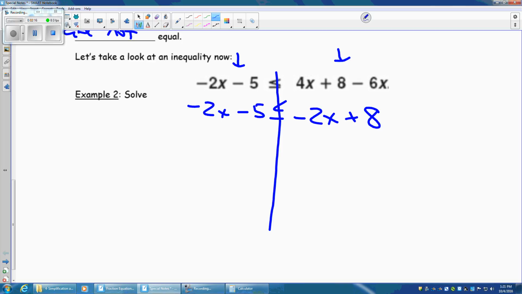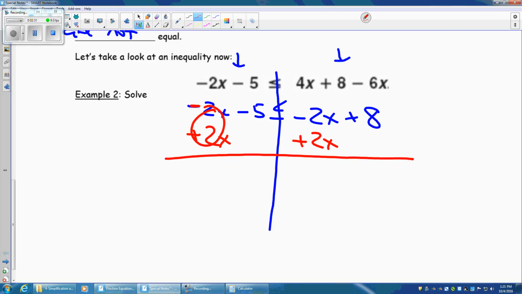Now, we know, because this is the most important step every single time, to get all variables to one side. So how am I going to get rid of this minus 2x? I'm going to add 2x to both sides. And remember, we don't need to change the sign at all because I'm not multiplying or dividing by a negative. So I end up getting negative 5 is less than or equal to 8.